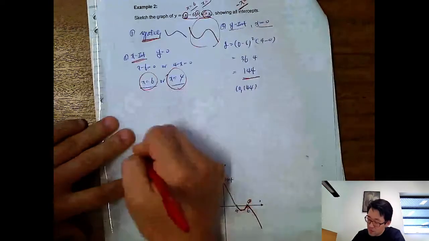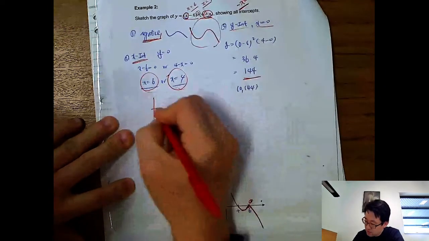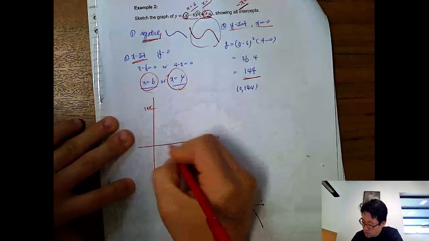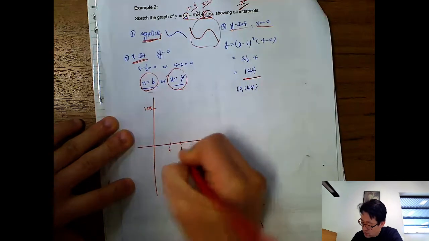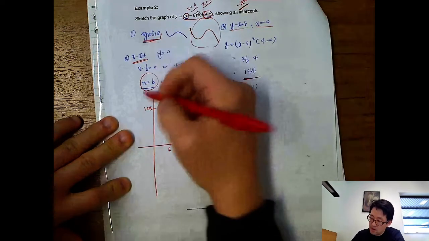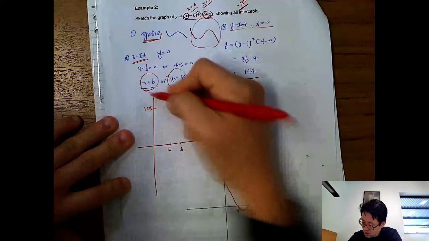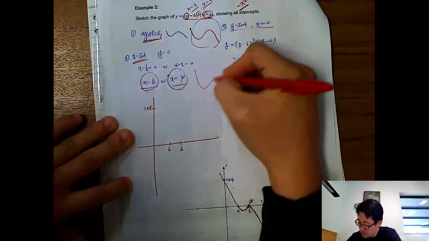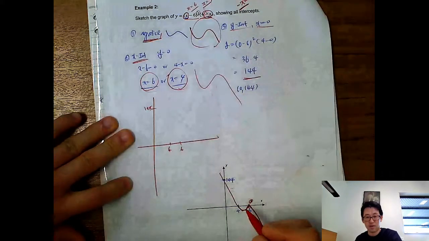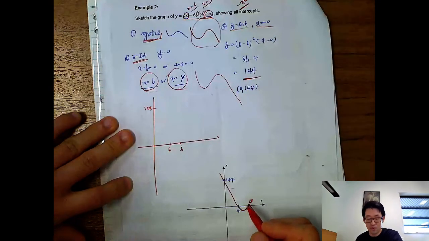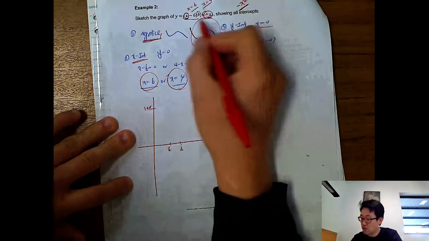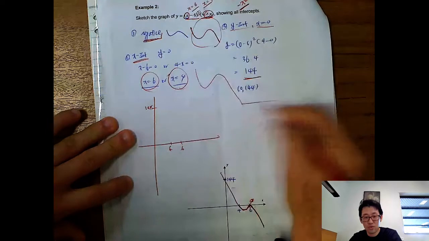Therefore, I know 144, 4, 6, negative, going down. So is the general form this, isn't it? No. Why? Because remember, 2 solutions.